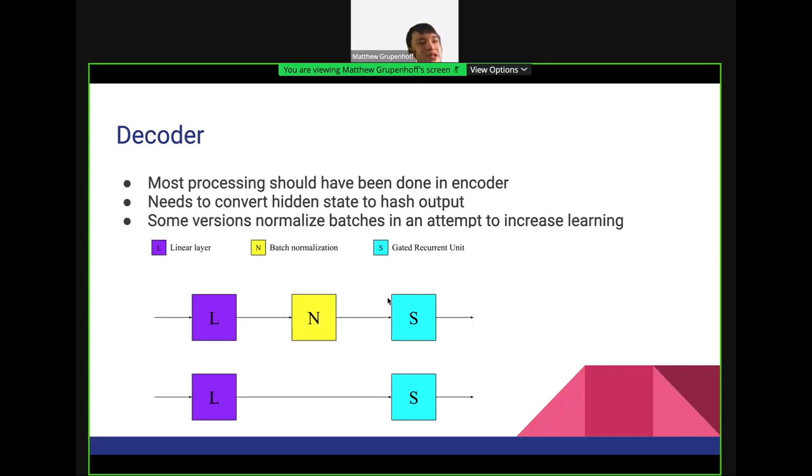And then the sigmoid is applied, a function that takes anything from negative infinity to infinity and squeezes it down to a finite range. For example, this one goes from 0 to 1, which is perfect because we want to output a probability when we train it later. The other kind just doesn't have that normalization, so it just does the linear layer and then passes it into the sigmoid.